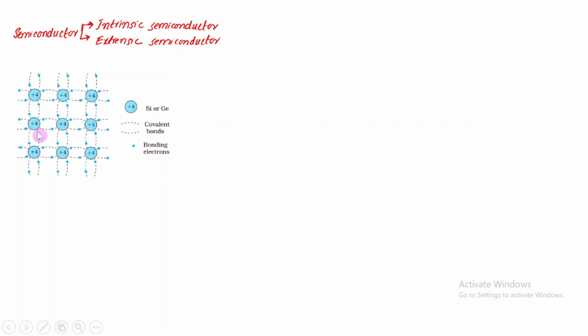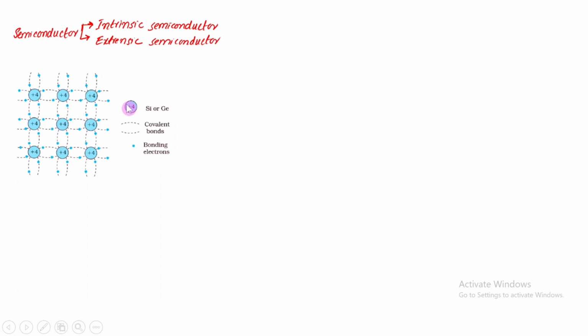Here, let's consider this is a silicon atom. A silicon atom belongs to group 4, having 4 valence electrons. If one silicon atom shares its electrons with the surrounding 4 silicon atoms, it will complete its octet, having 8 electrons in the valence shell, and follow the octet rule.